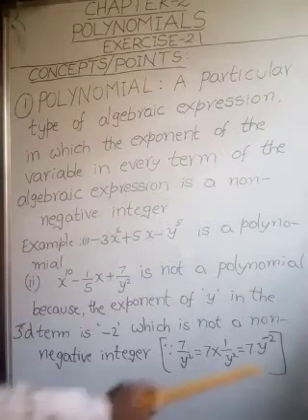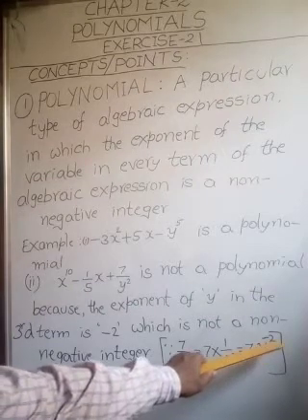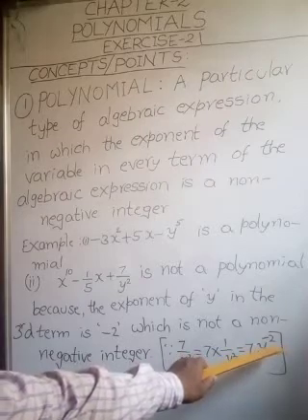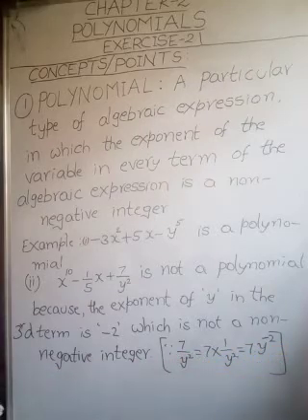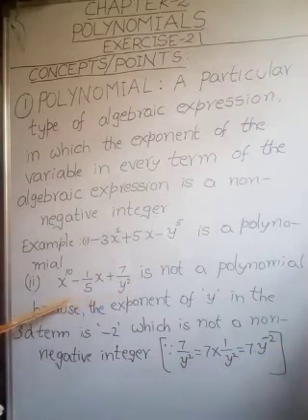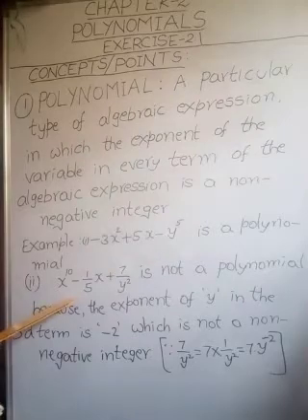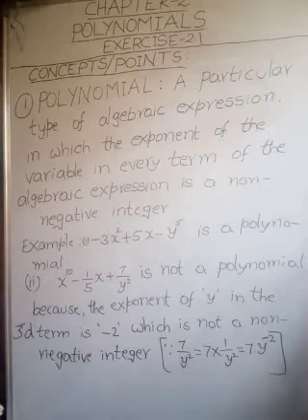What is the exponent of y here? Minus 2. It is not a non-negative integer. It is a negative integer. That is why this expression is only an algebraic expression, but it is not a polynomial. Understood the concept of a polynomial, my dear children? Right.